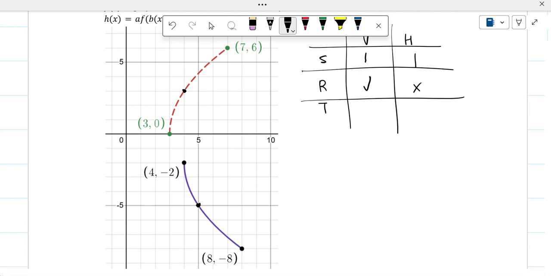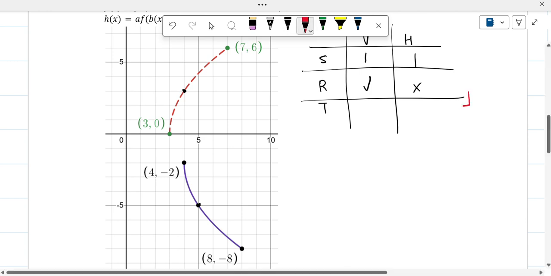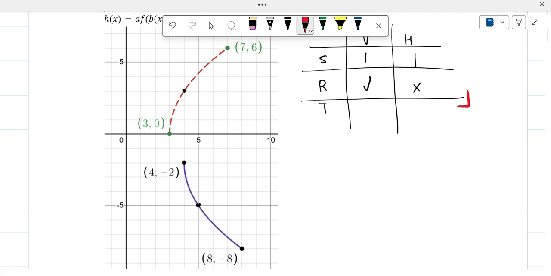Important thing to note for this type of question is after we analyze the stretch and reflection, before we move on to the translation, we need to do the graphing of the stretched and reflected version of this graph. So let's pause here and then graph this vertical stretch of 1, horizontal stretch of 1, and vertical reflection and no horizontal reflection.